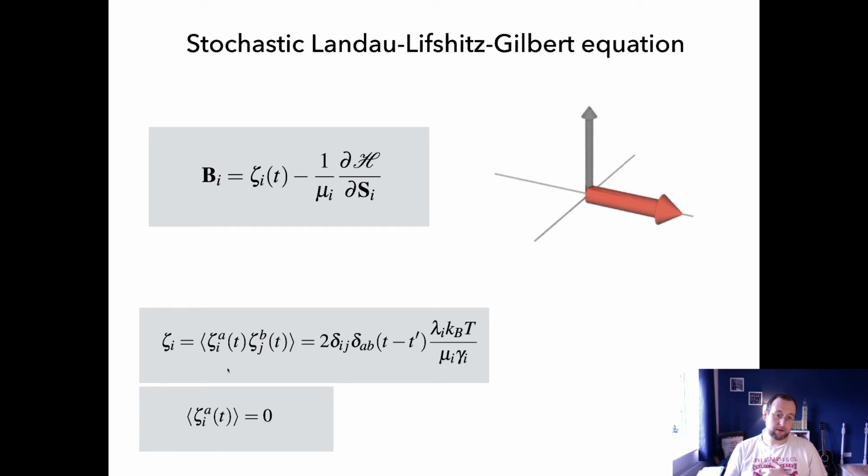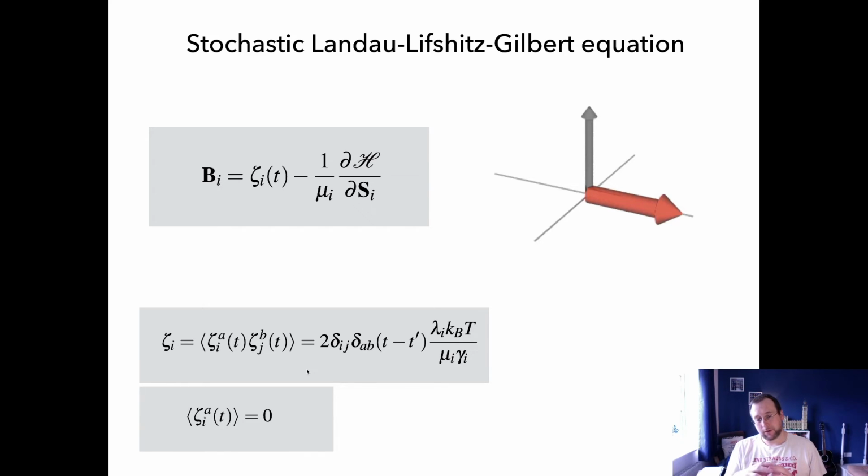And the random thermal noise has these statistical properties that the width of the distribution is proportional to temperature and the damping constant to ensure that the equation of motion obeys the fluctuation dissipation theorem, and the noise is uncorrelated in time and space. So essentially we have a white noise approximation.